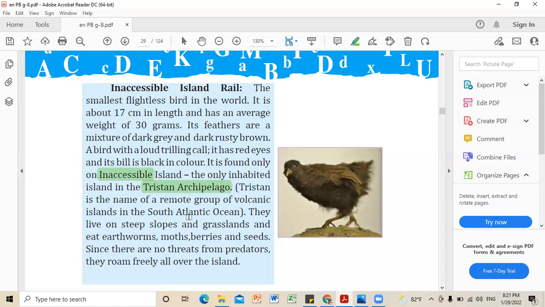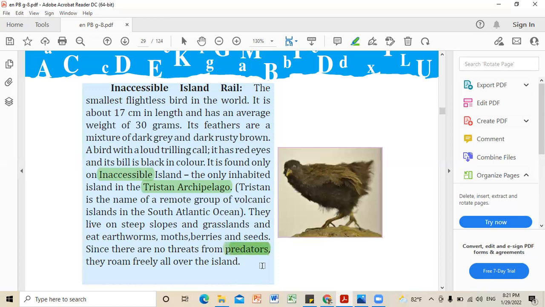They live on steep slopes and grassland and eat earthworms, moths, berries, and seeds. Since they are safe from predators, they roam freely all over the island.